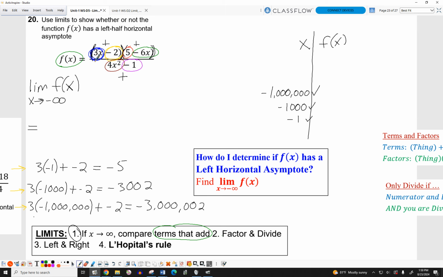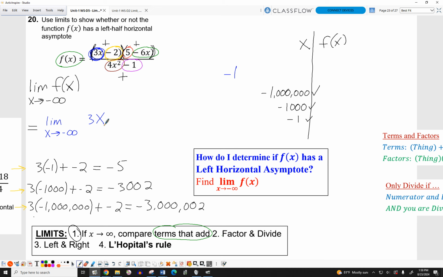So the more negative you make x, the more dominant 3x will be in terms of that sum. Point if your hand was raised, 2 points for Annie. So that logic allows me to write this. This limit of f is equivalent to a much simpler limit. I can reduce what I have to think about. I don't really need to think about the negative 2.